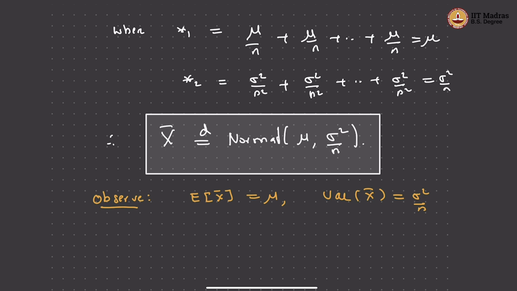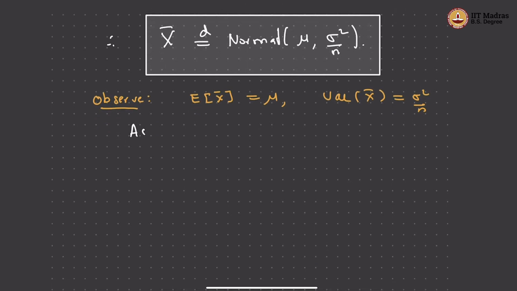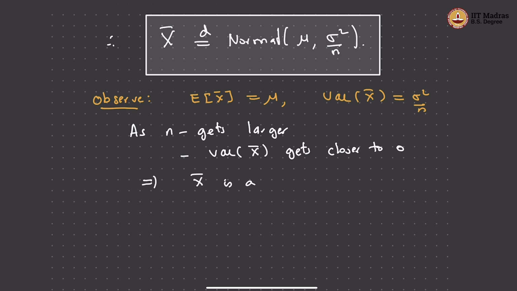So as n gets larger, the variance of x bar gets smaller, closer to 0, which will imply that x bar is a good estimate for the true mean. That's one observation.